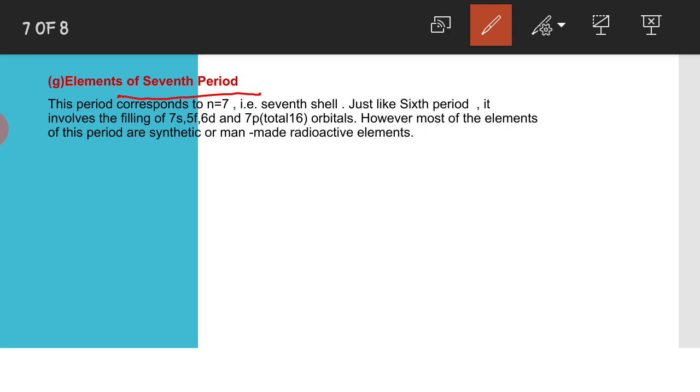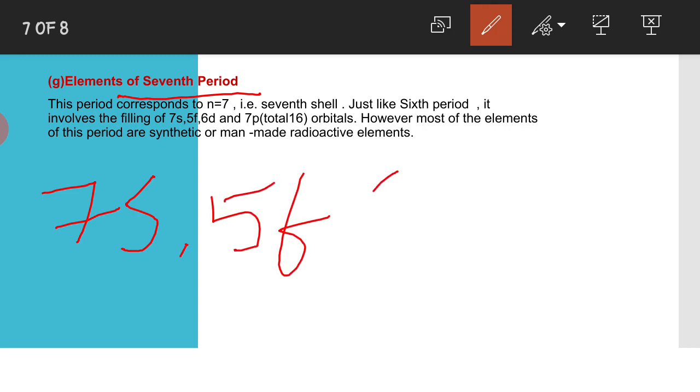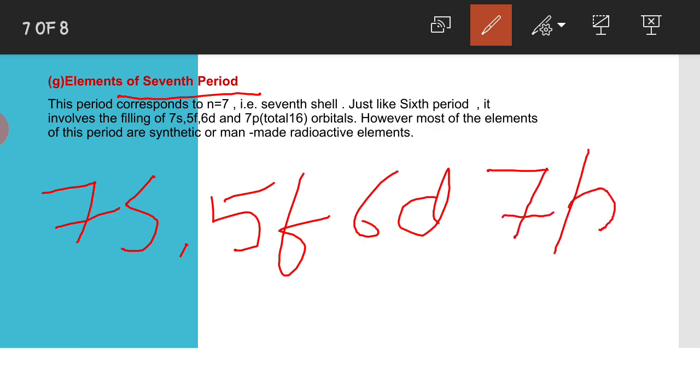Just like sixth period, it involves the filling of 7s, 5f, 6d, and 7p orbitals, a total of 16 orbitals. However, most of the elements of this period are synthetic or man-made radioactive elements.